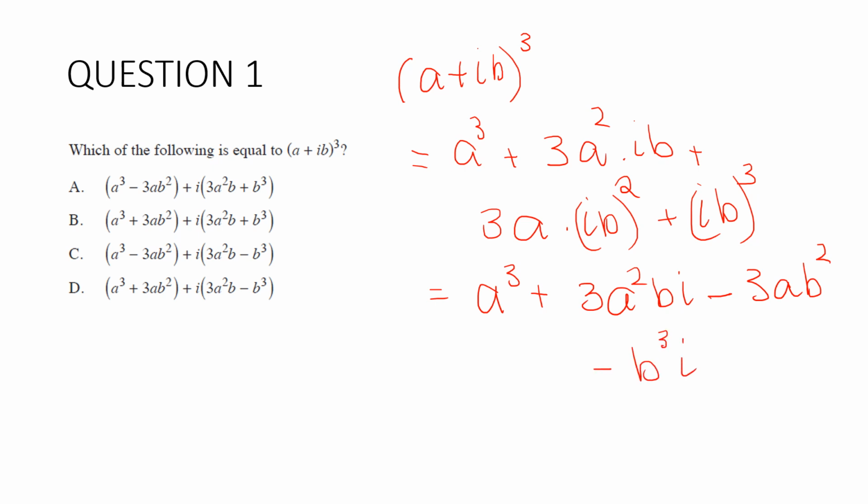And if we have a look at which one that is, it is going to be a cubed take away 3ab squared, yep, plus i, no it's not A, it is C.